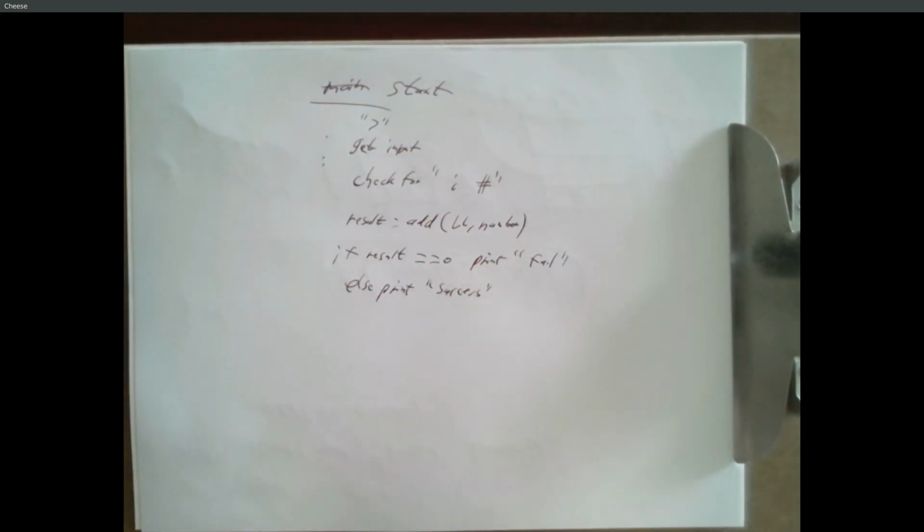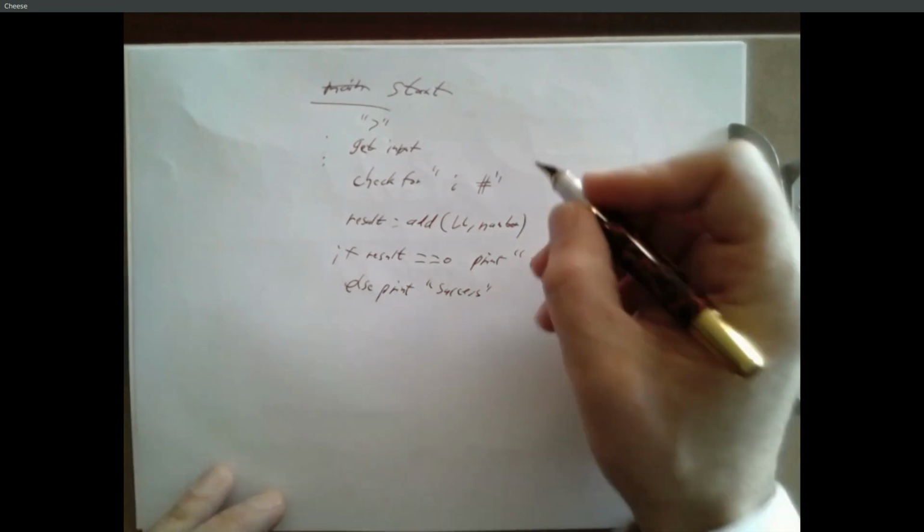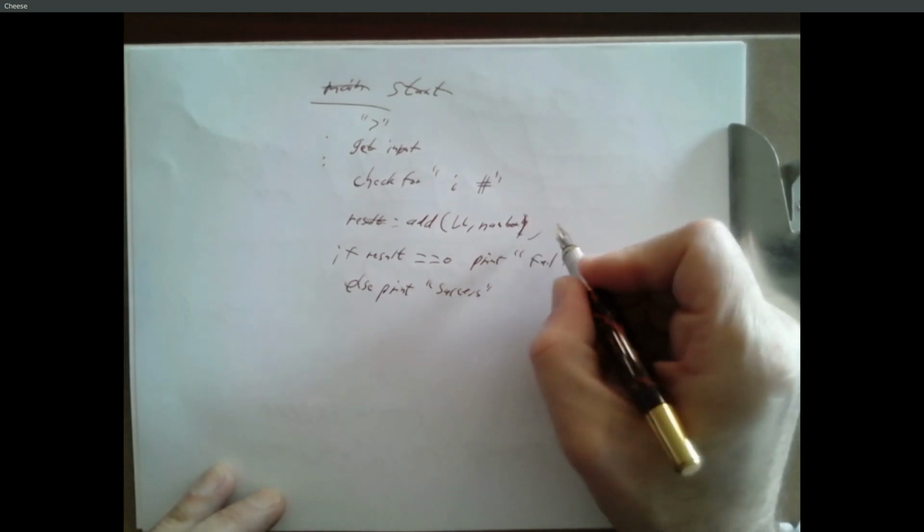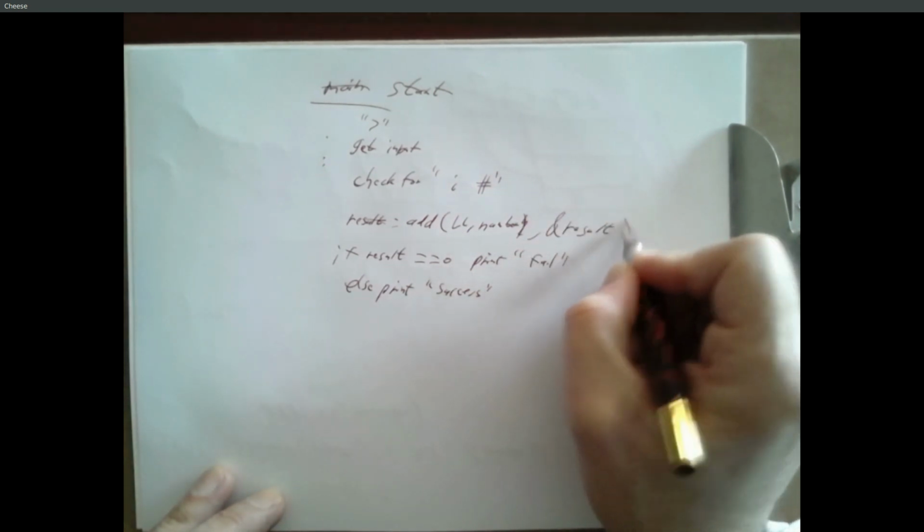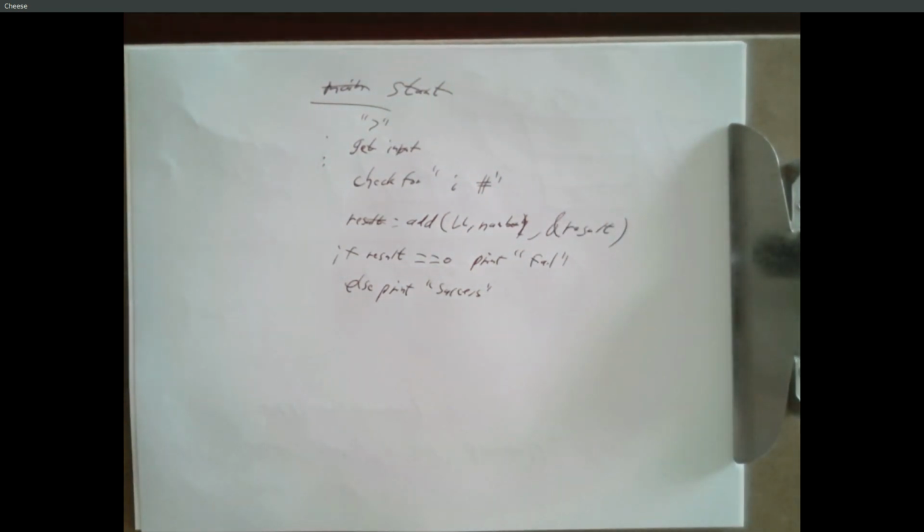Then check the result from the add function, and if it's 0, print fail, otherwise print success. Now if you're passing result in here like that, it should work fine.